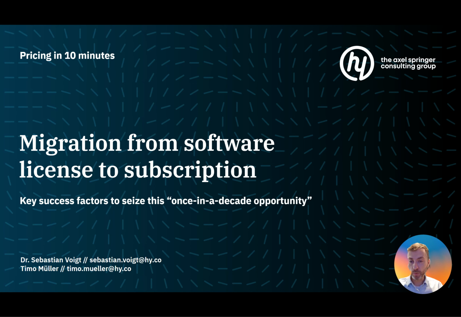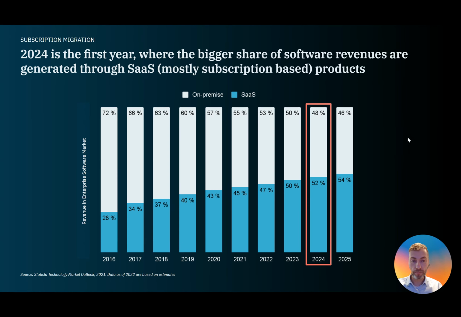And I'd like to walk you through the major steps of how to migrate a software license model to a subscription model. What we believe at HI is probably the largest pricing opportunity you can yield in case you still operate on a license-based model.